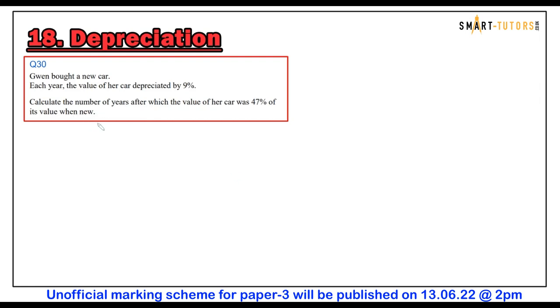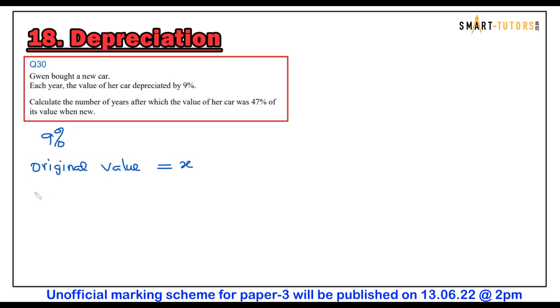Topic 18, depreciation. John bought a new car. Each year, the value depreciation is 9%. So the depreciation is 9% is given. Calculate the number of years after which the value of the car was 47% of its original value when new. So let's say the original value is x, right?